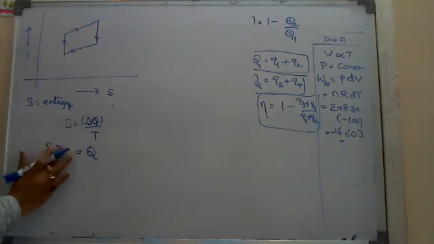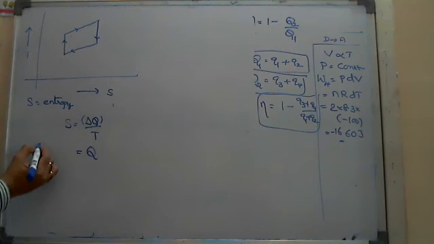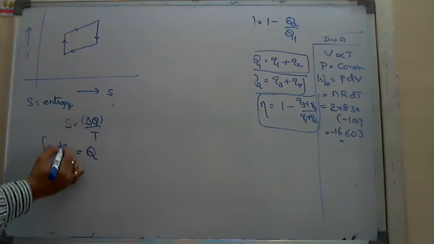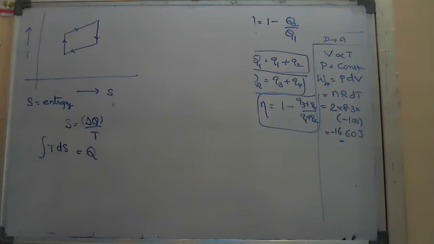If it is a variable, then straight away take it as integral T ds. This is the equation to find out the amount of heat absorbed or released.